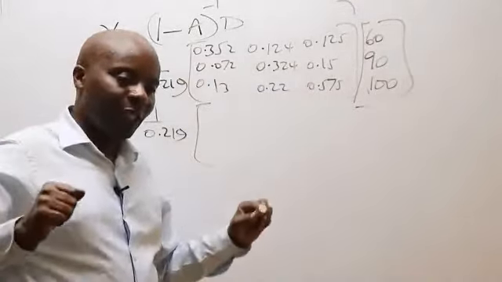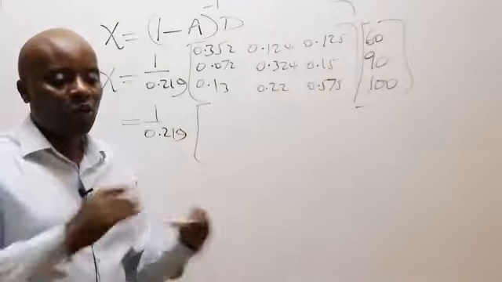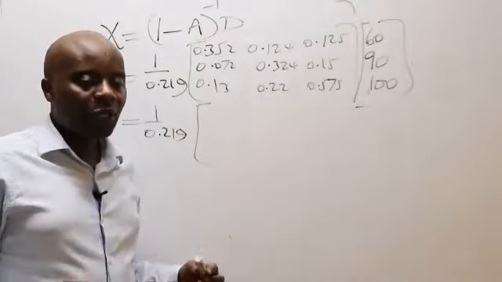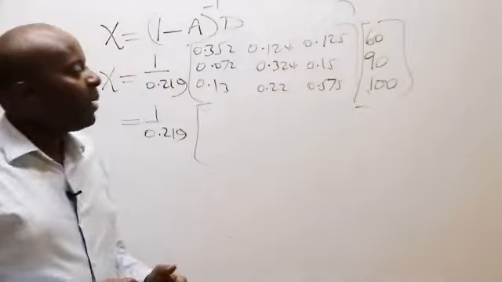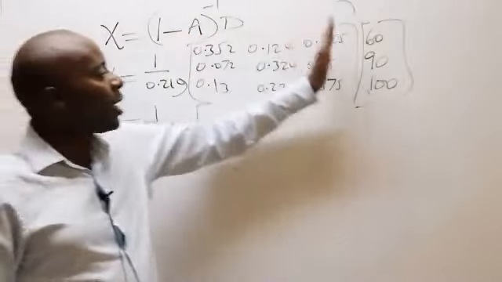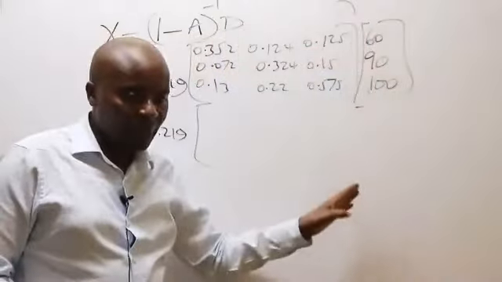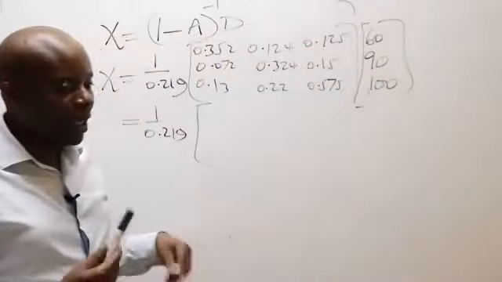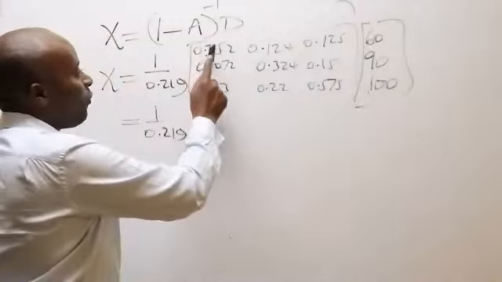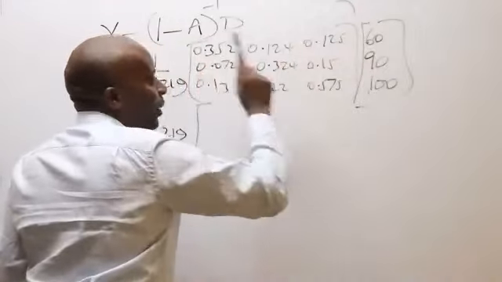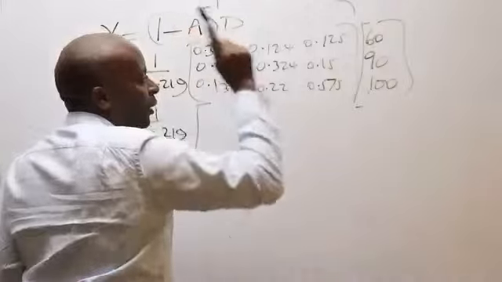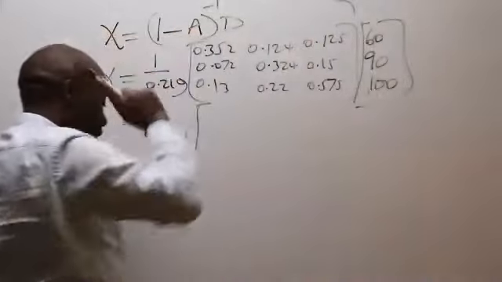You run down the ditch: this row 1 by this column. The first figures multiplied, so we have 0.352 times 60, plus the second ones multiplied, plus the third ones multiplied. Please, somebody do that and give me an answer.